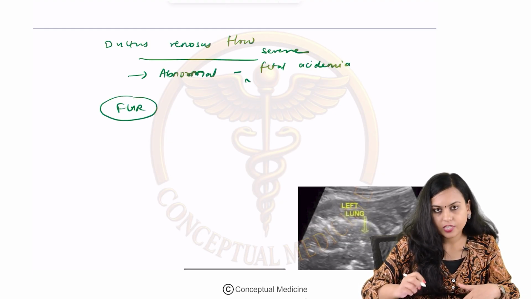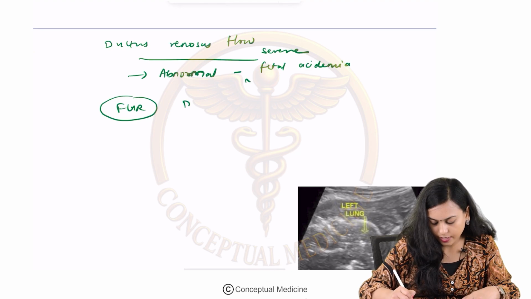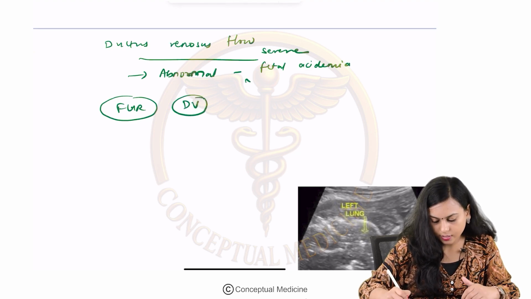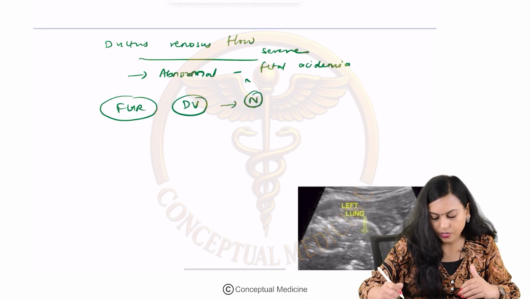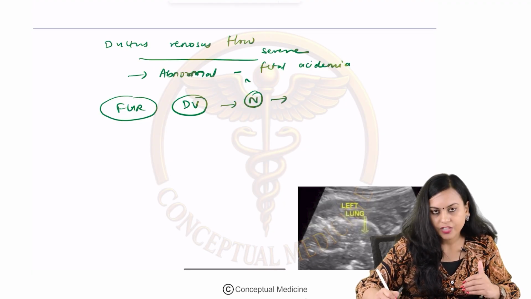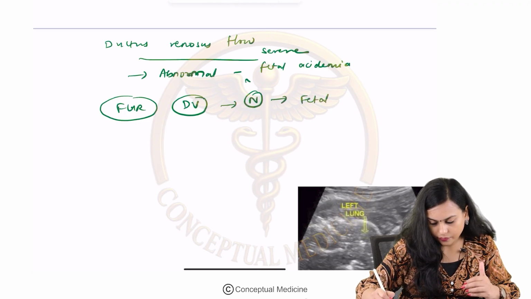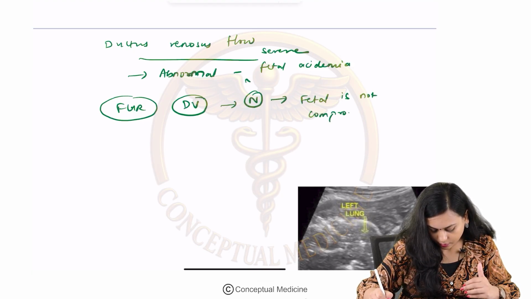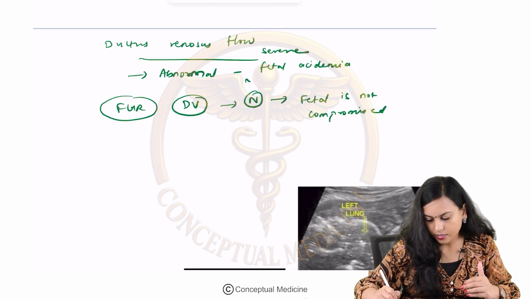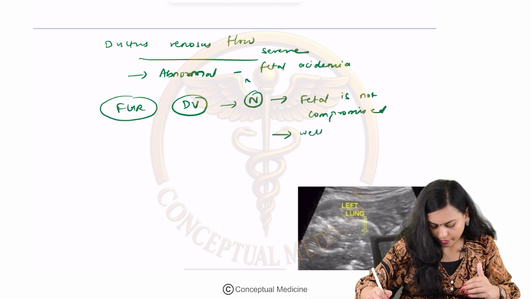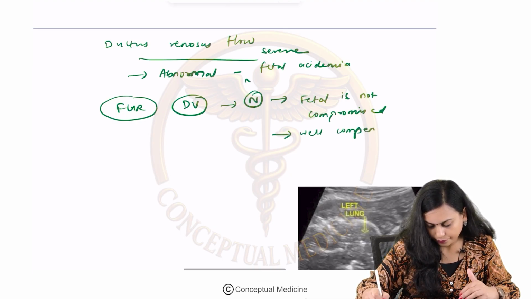If there is FGR, okay, if it is diagnosed, we can check the ductus venosus. When the ductus venosus flow is normal, then we can be assured that the fetus is not compromised, okay, that is, it is well compensated only.